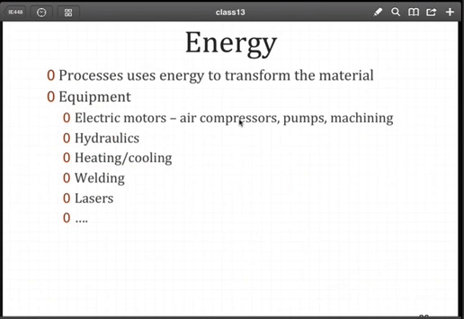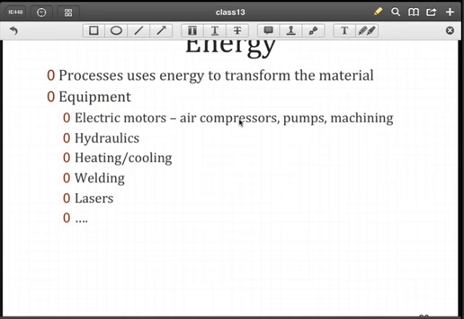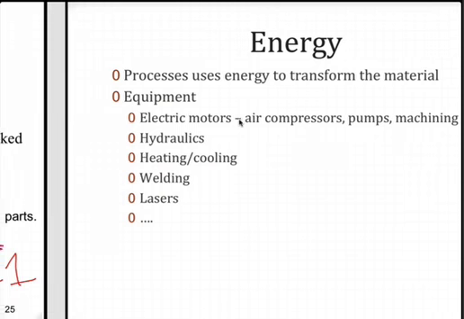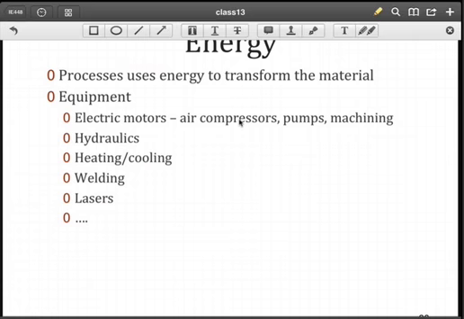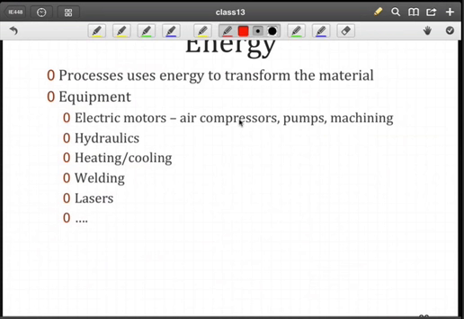Another aspect is the energy. In addition to the materials, we look at the processes and the energy required to transform that material. Depending on the nature of the equipment used in that transformation, processes will consume different amounts of energy, and as you know, energy is becoming increasingly important in the context of manufacturing because it will relate directly to our cost.